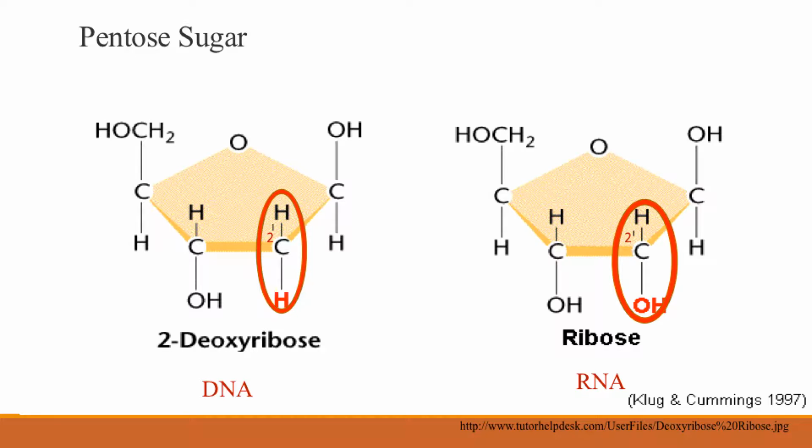This oxygen is missing in 2-deoxyribose. Remember that in DNA, the pentose sugar is always 2-deoxyribose because the oxygen is missing. While in RNA, it is always ribose because the OH group is present.